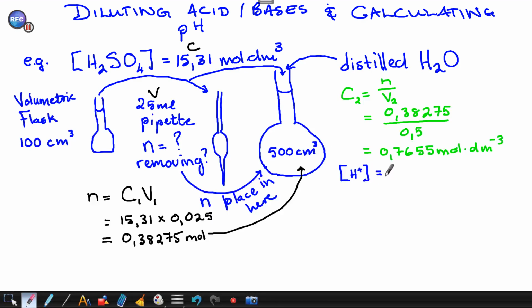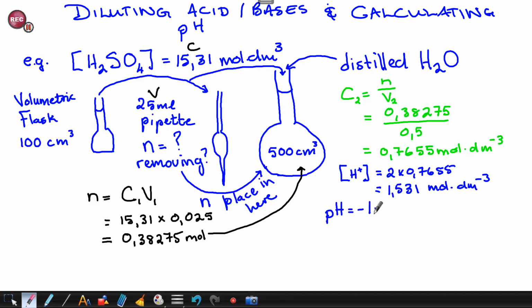It is twice 0.7655. What do we get there? 1.531. So you can just see it from the mole ratio. Yes, mole ratio. Then we can calculate the pH.